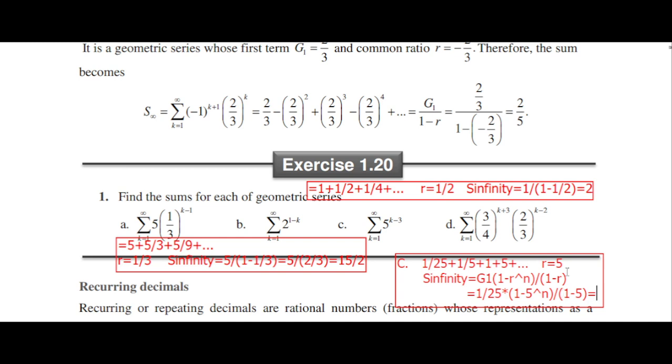This is equal to 1 over 25 over minus 4, which is 1 over 25 times minus 4, so minus 1 over 100 times, in brackets, 1 minus 5 to the power of n.